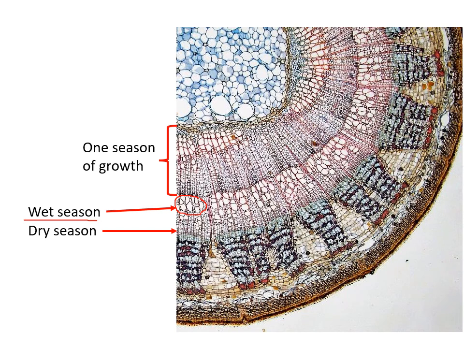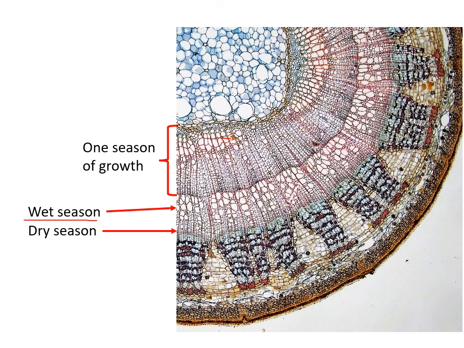And in the drier part of the season, the xylem is more dense. And because we cycle every year through the seasons, we get dry, wet, and that helps us to demarcate individual years of growth. That's how the rings on a tree are assessed to tell you how old the tree is.